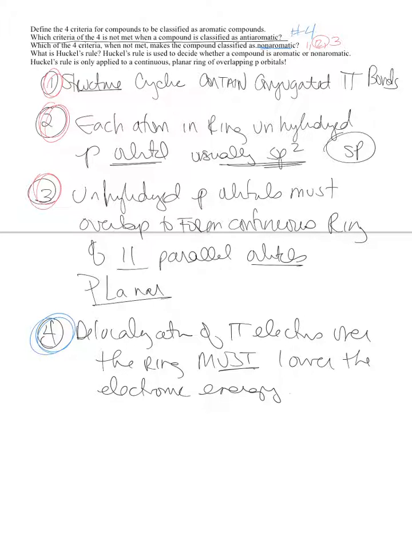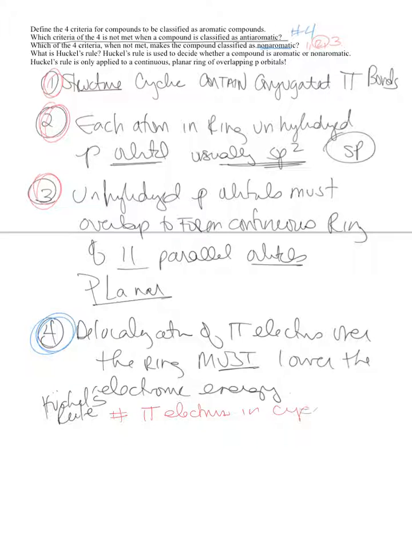What is Hückel's rule? Okay, Hückel's rule is: you have to count up the number of pi electrons in the cyclic system.